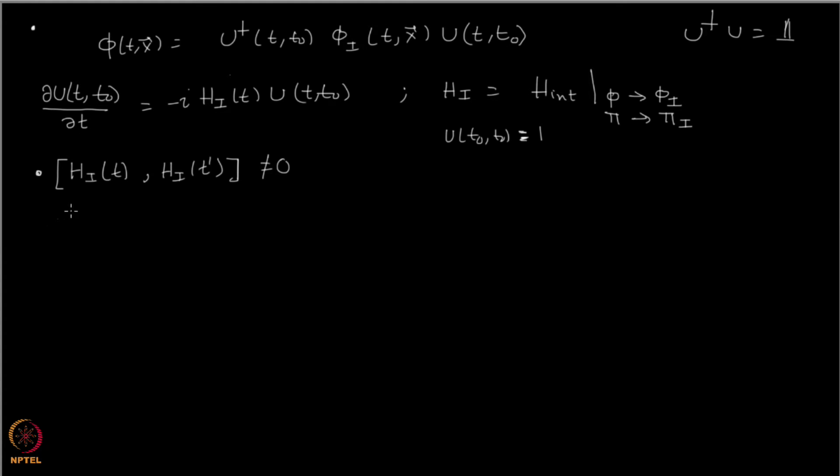So to begin with, if these were not operators, these were ordinary functions, then the solution is easy. Then you would expect that u of t will be like this.